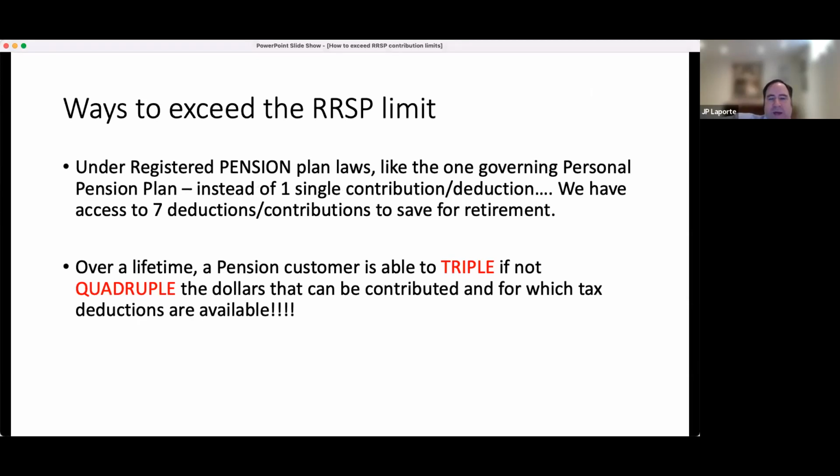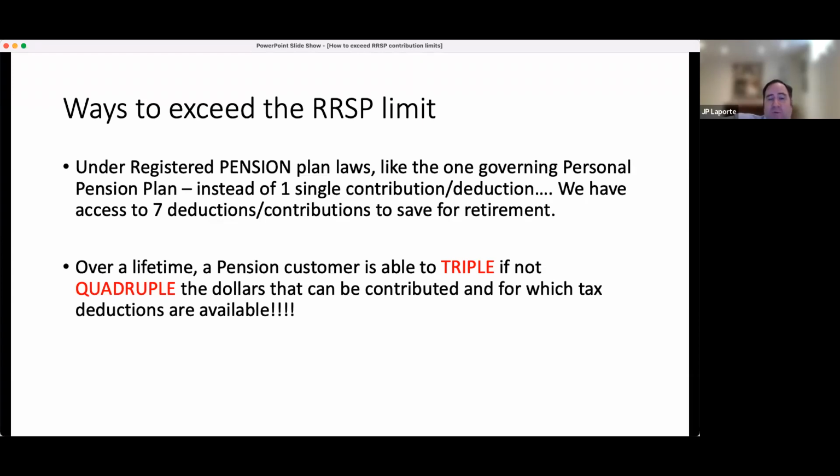All right, so now we have a pretty good idea as to what the RRSP does. And remember, 98% of us, probably, there's a few exceptions. I see we have some clients on the line in the room, but most of us are using the RRSP because that's how we know. So what are the ways to exceed the RRSP limit, to go beyond that one single annual contribution?